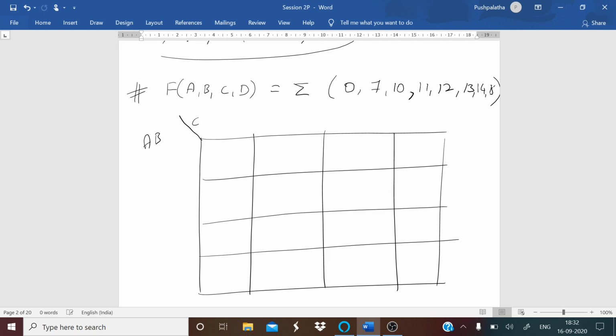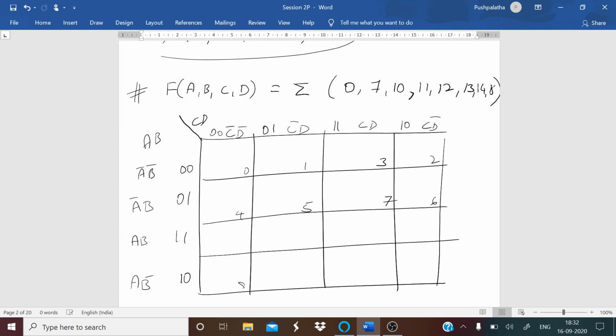A, B, C and D, 0 0, 0 1, 1 1, 1 0, 0 0, 0 1, 1 1, 1 0. So this is your C bar D bar, C bar D, C D, C D bar. This is your A bar B bar, A bar B, A B and A B bar. 0, 1, 3, 2, 4, 5, 7, 6, 8, 9, 11, 10, 12, 13, 15 and 14.